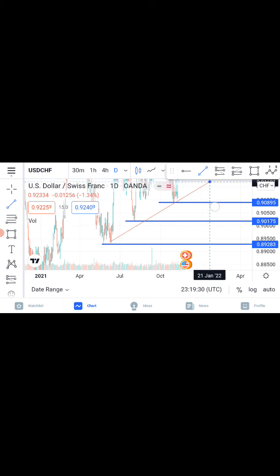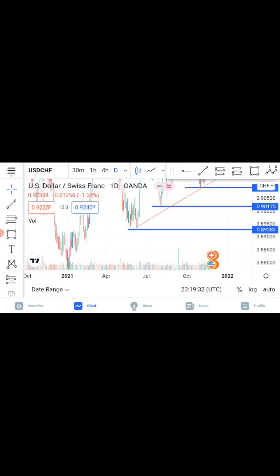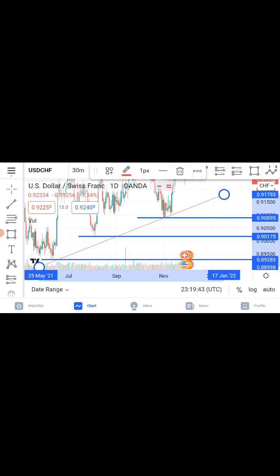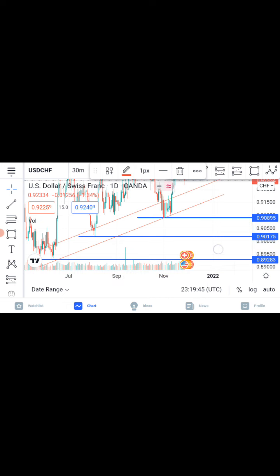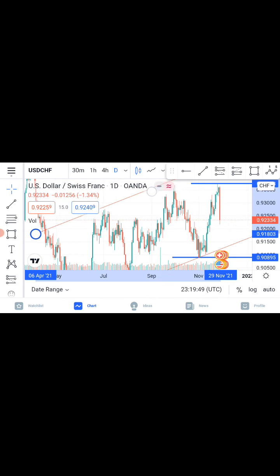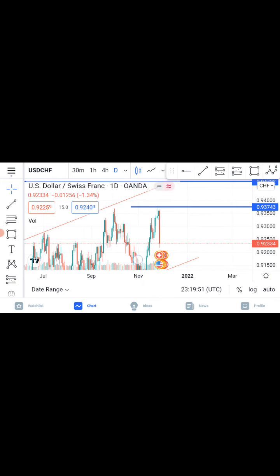So by constructing trends over here, I'm able to see where the market is going. Is it going bullish or is it going bearish? But every time it's going bullish, I know that there is always a correction.